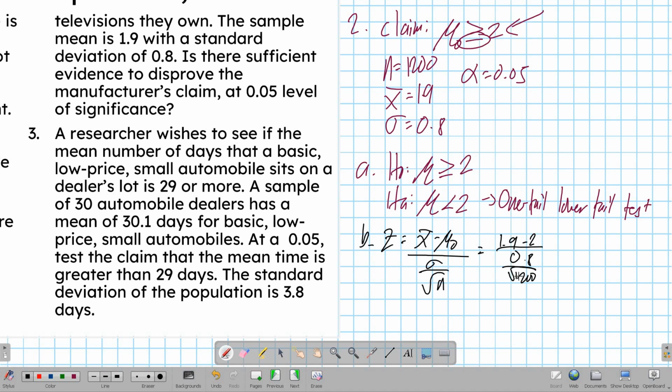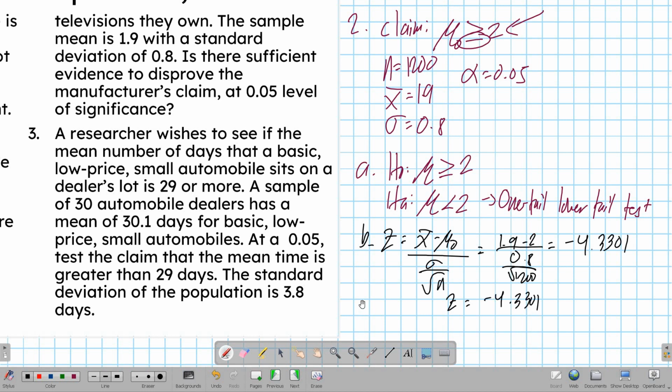There you go. Pause the video so that you'll be able to compute for this, giving it 4 decimal places. After pausing the video, hopefully you're able to see that the value of this is negative 4.3301. This is now our test statistic.